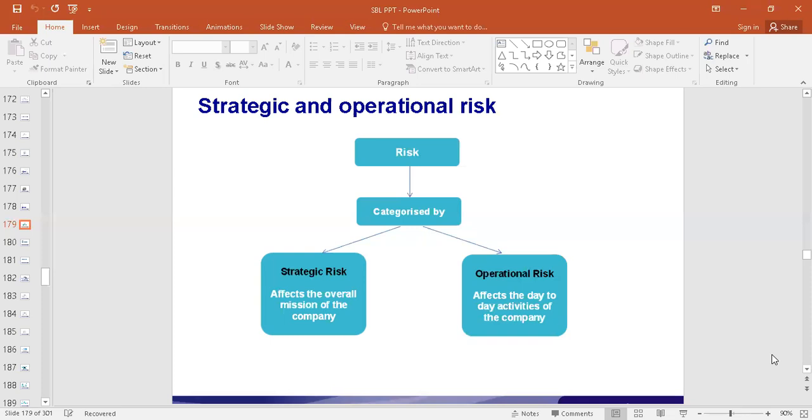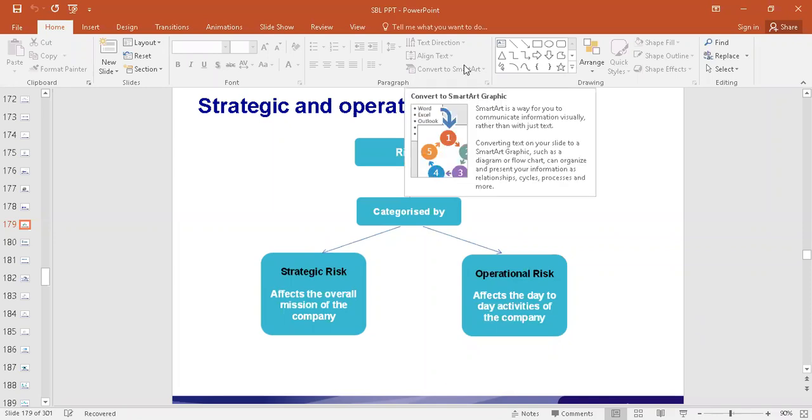The paper is not about risk management. One section of Strategic Business Leader is risk management. Why are you to study this? Tomorrow, when you become a leader in an organization, you should also have knowledge about how to manage risk. Therefore, you study.